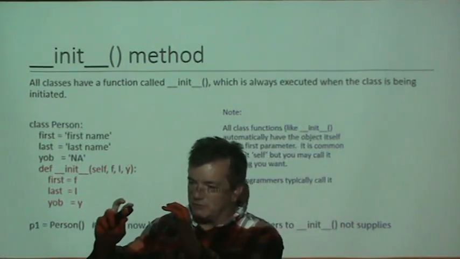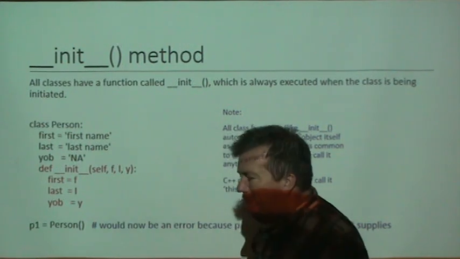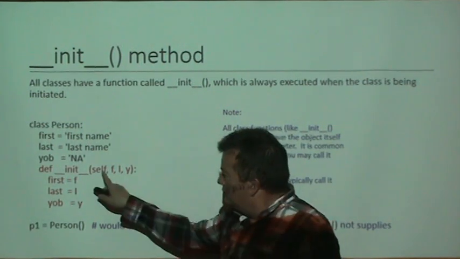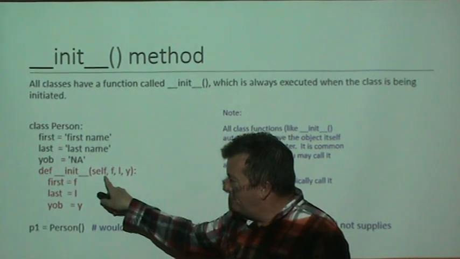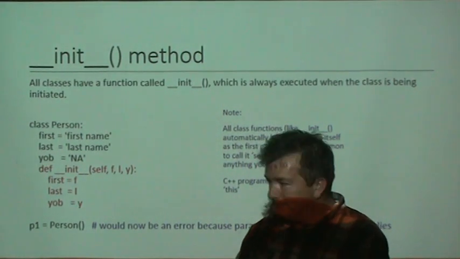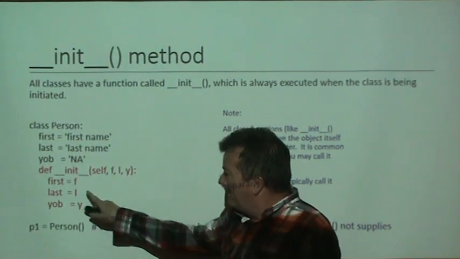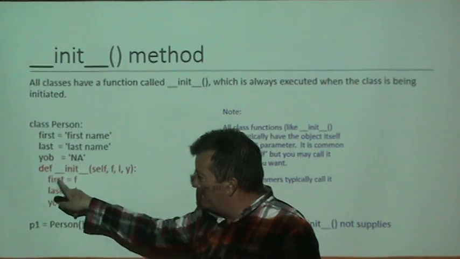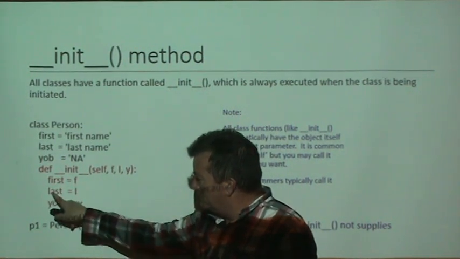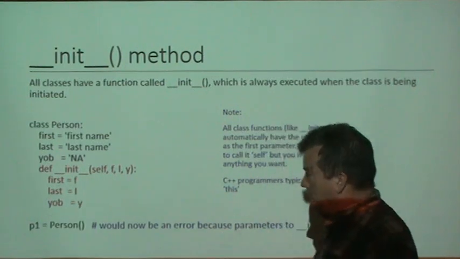So we create a piece of storage, and then we have a reference to that storage so we can always refer to it to fill in fields. So the first parameter is self. That's the parameter to the piece of storage we're in the process of creating. And then I can pass in the first name, the last name, and the year of birth. And then I can say the first field is equal to the F parameter, the last field is equal to the L parameter, the year of birth is equal to the Y parameter. So I'm initializing the values.